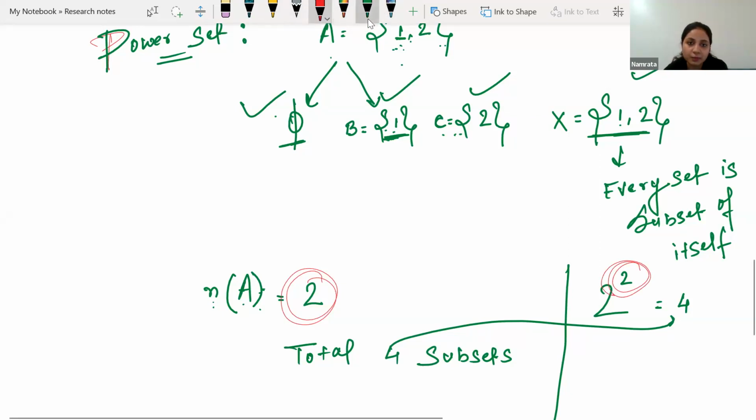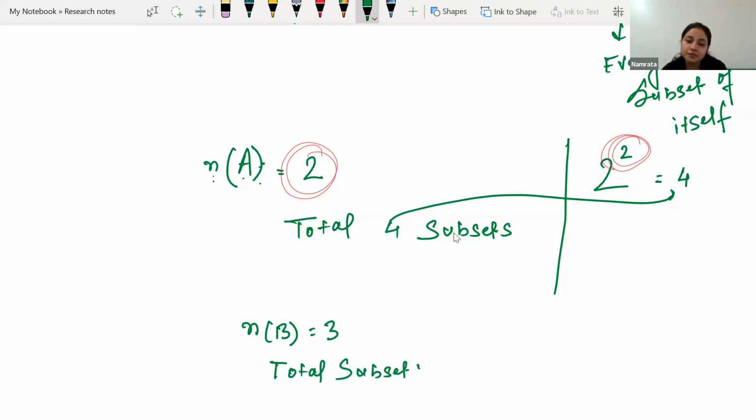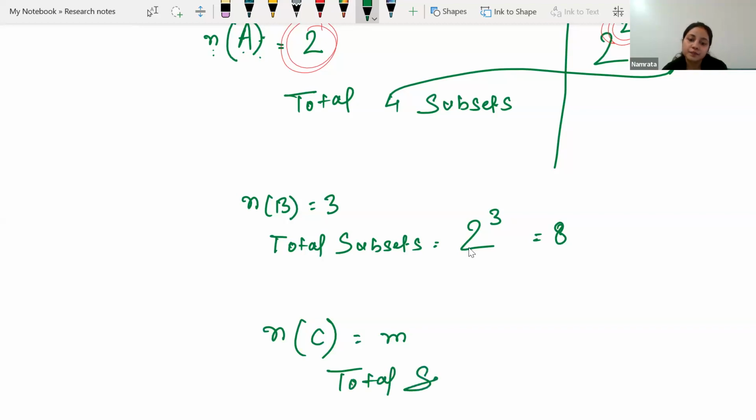If the number of elements in a set B is 3, then the total number of subsets it will make is 2 to the power 3, that is 8. If the number of elements of a set C is m, then the total number of subsets it will generate is 2 to the power m.